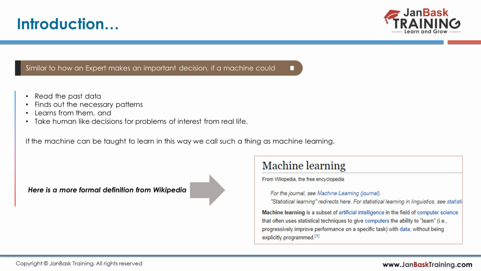The machine will identify that this stock is going low, low, low, now is the time to purchase, and it will purchase the stock automatically for you. This is called AI, when a machine starts to take decisions like a human.